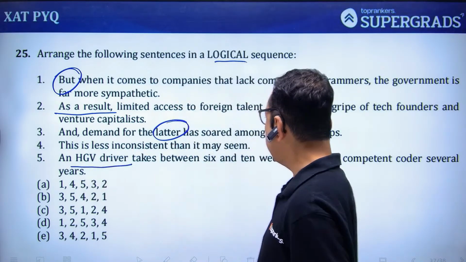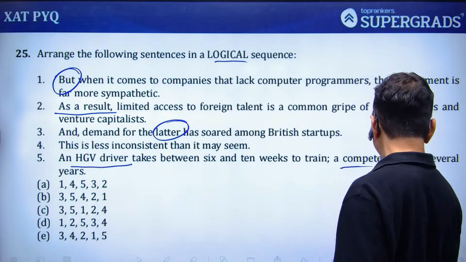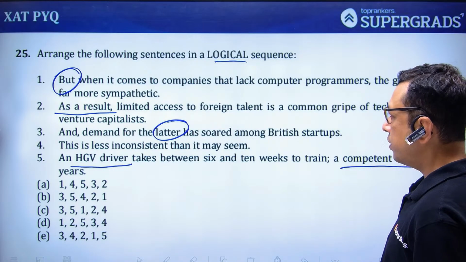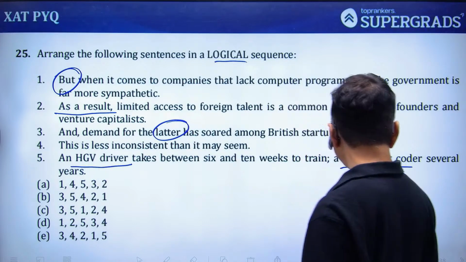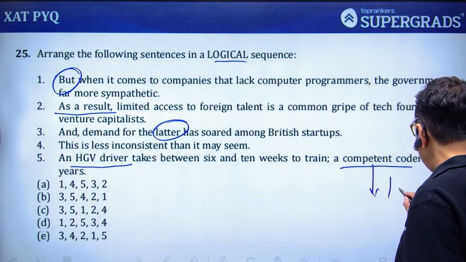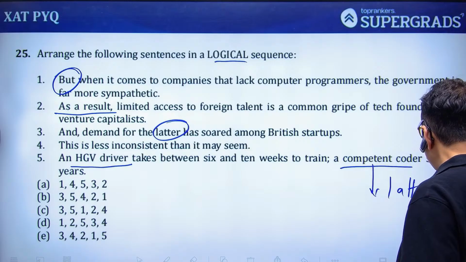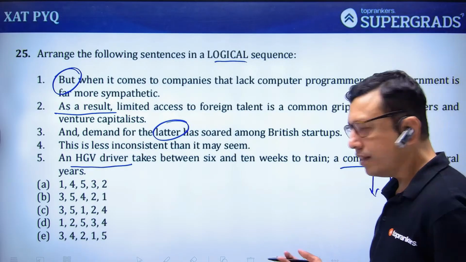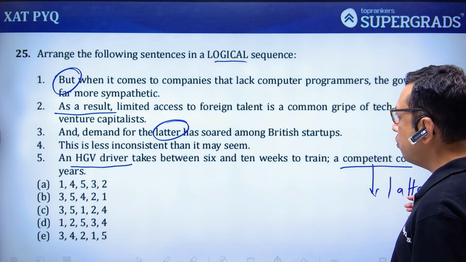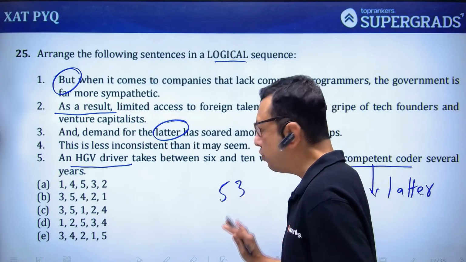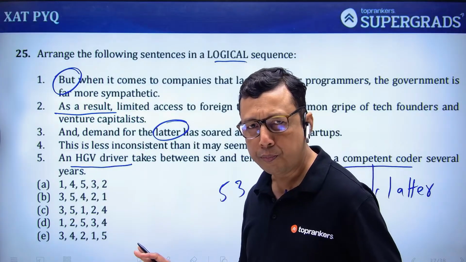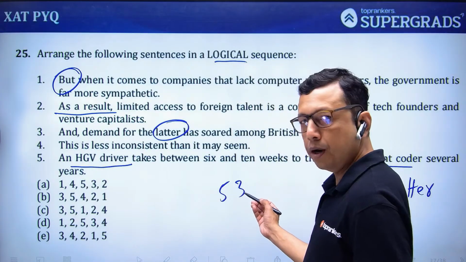HGV driver and a competent coder. And the demand for the latter has soared. So very clearly you can understand कि latter जो है दूसरा वाला, the competent coder, and the demand for the latter, which means 5 and 3 should come together. I'm not talking about the opening sentence so far.